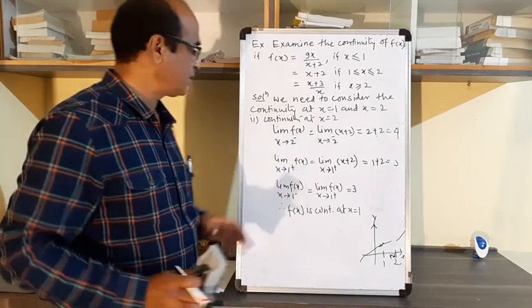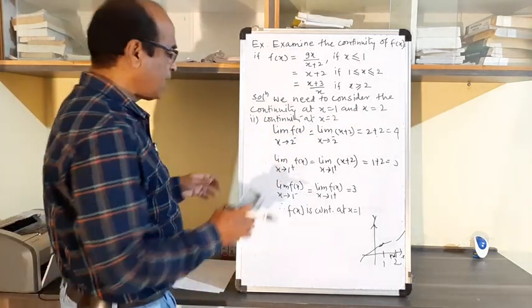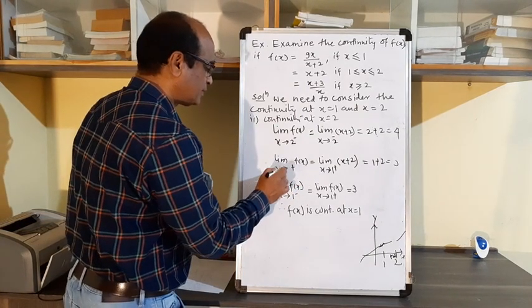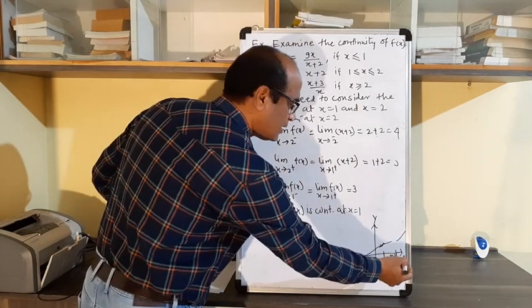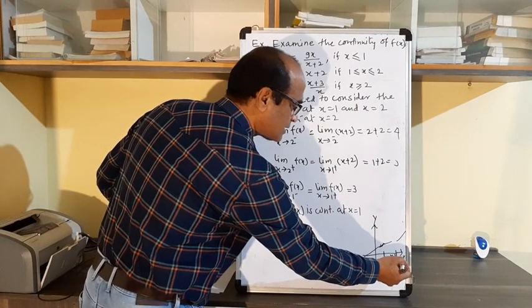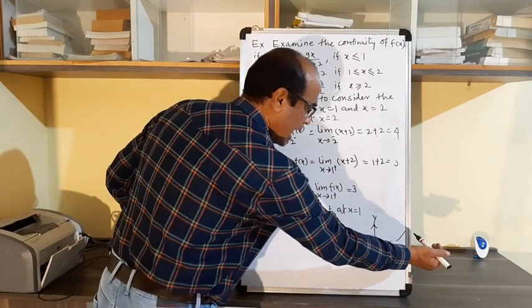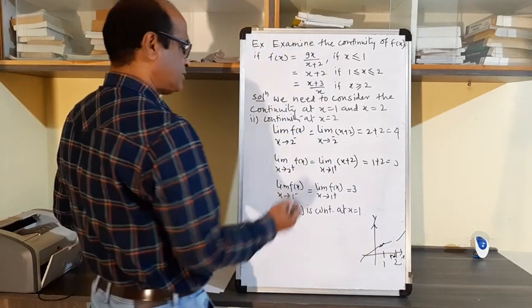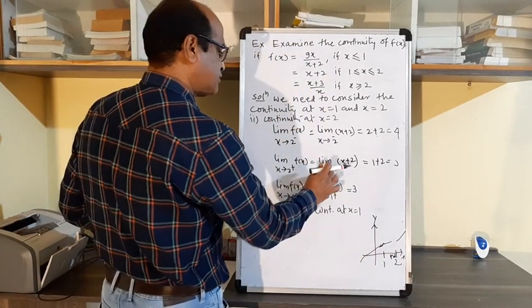Now we obtain the right hand limit, x tends to 2. x approaches 2 from the right hand side, that is x tends to 2 plus.